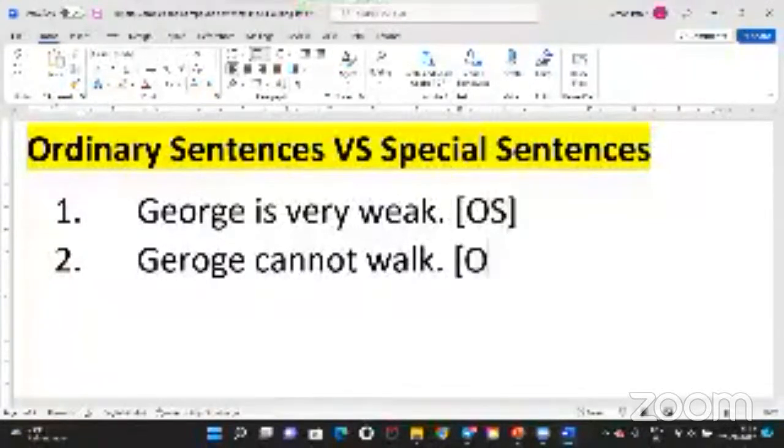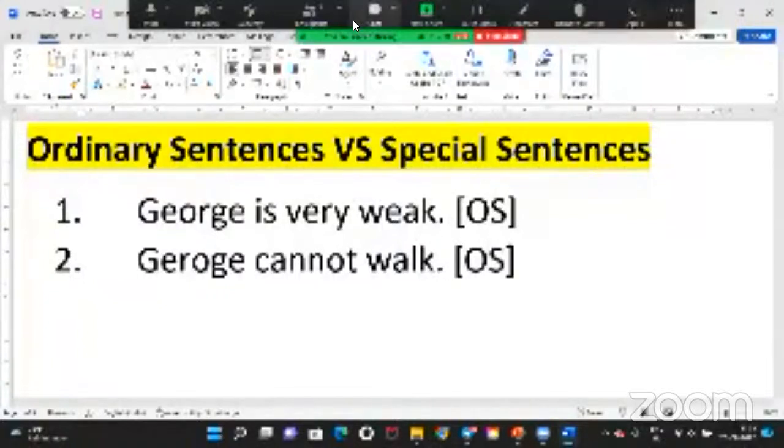So now these two sentences can be joined in different ways. I want you all to write these two sentences, joining and making them into one special sentence. I am giving you time. Please write in the chat box. George is very weak, one sentence. George cannot walk is another sentence.